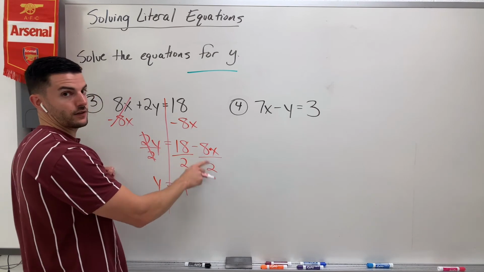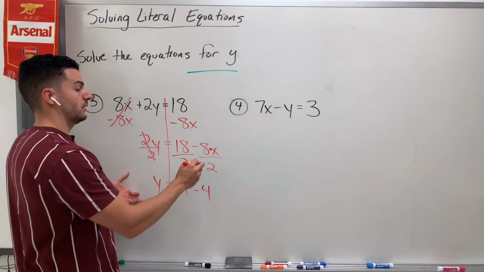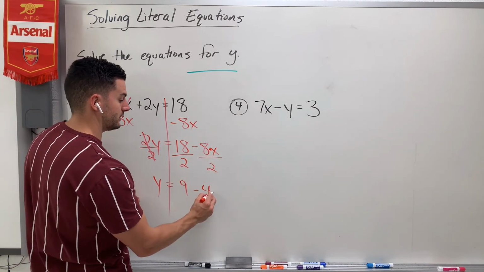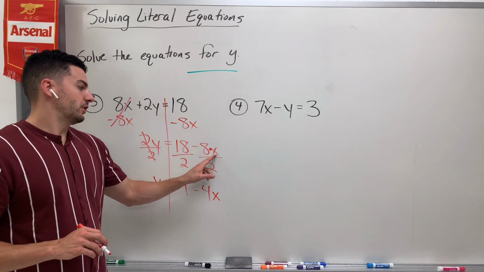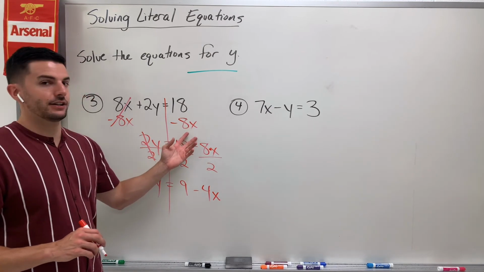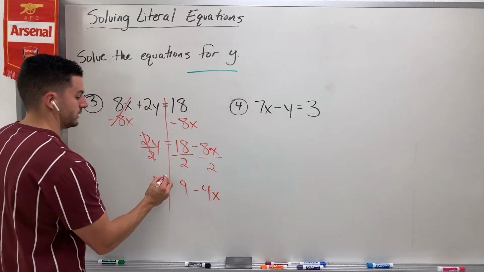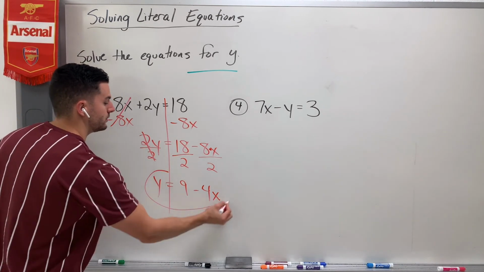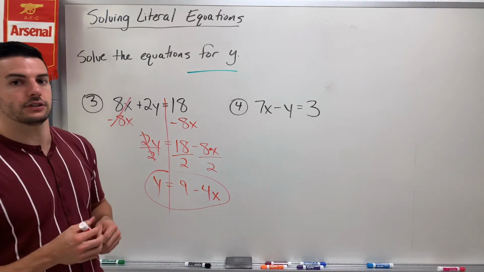But I can do negative 8 divided by 2, and that would be negative 4. But the x stays there. X stays separate. So I can divide by a number even though this has a letter with it. I just can't add or subtract. I know that's a weird rule too. But I'm done here. Y is by itself. So y equals 9 minus 4x would be that answer.